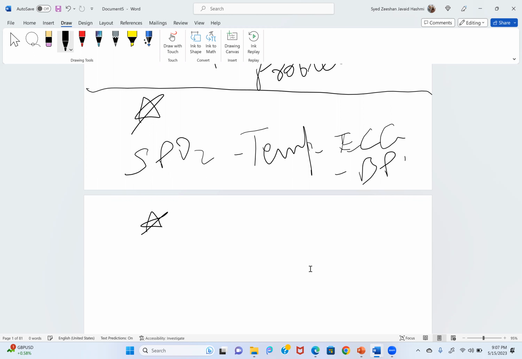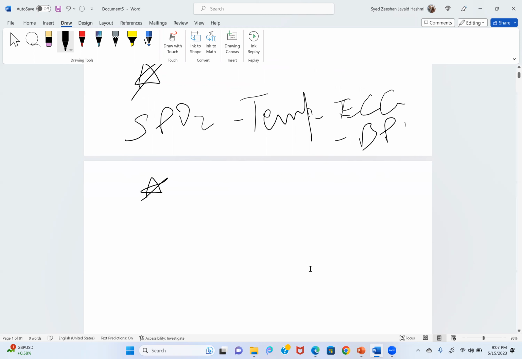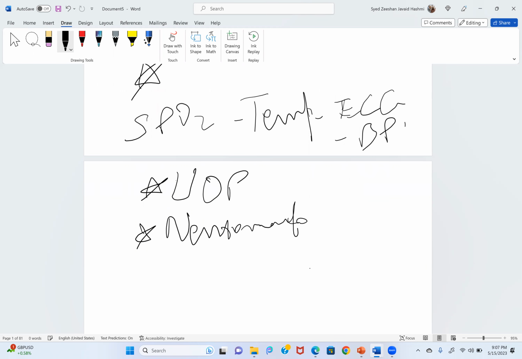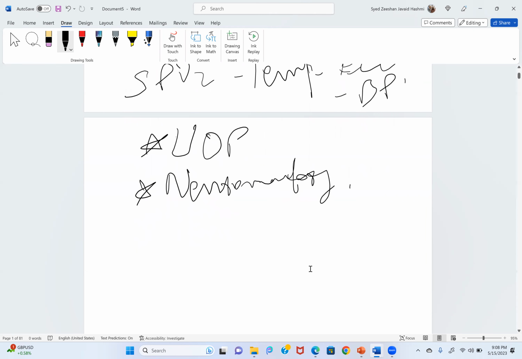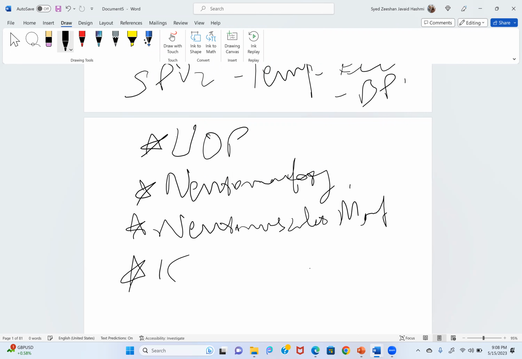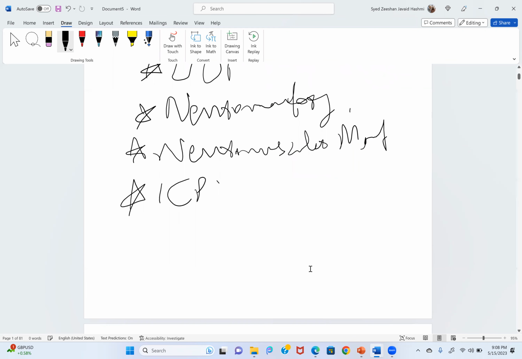Let's make a list, and then we will look at them one by one. Urine output. Okay, there is neuromonitoring. Then neuromuscular monitoring. Then ICP monitoring, which is also somehow related to neuromonitoring.